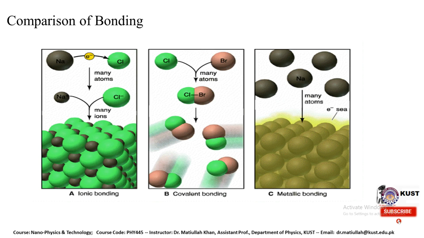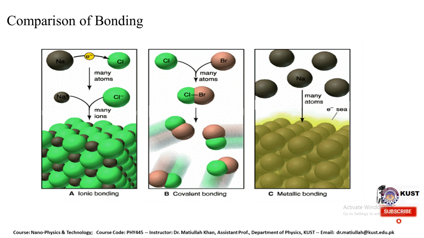We need to compare the different types of bonding before going toward the detail of carbon, because carbon has covalent bonding, and before discussing covalent bonding in detail we need to know the different types of bonding. We know from elementary classes about ionic bonding, covalent bonding, and metallic bonding, but this is a brief description.